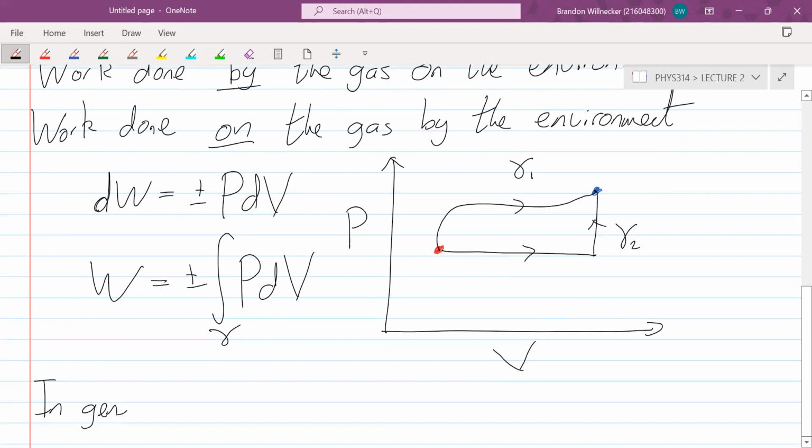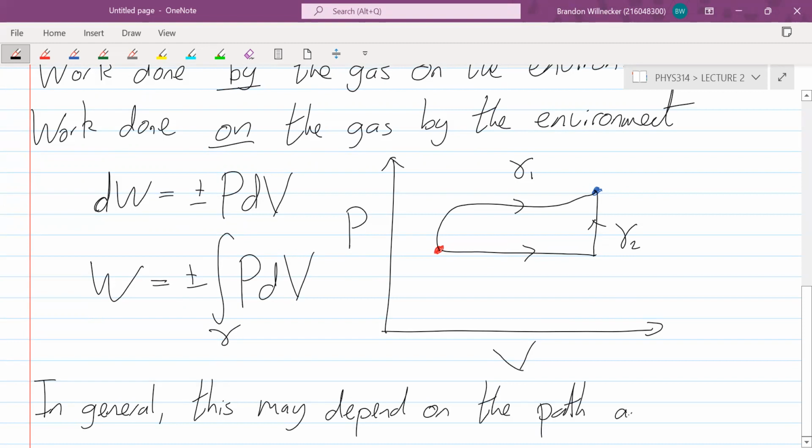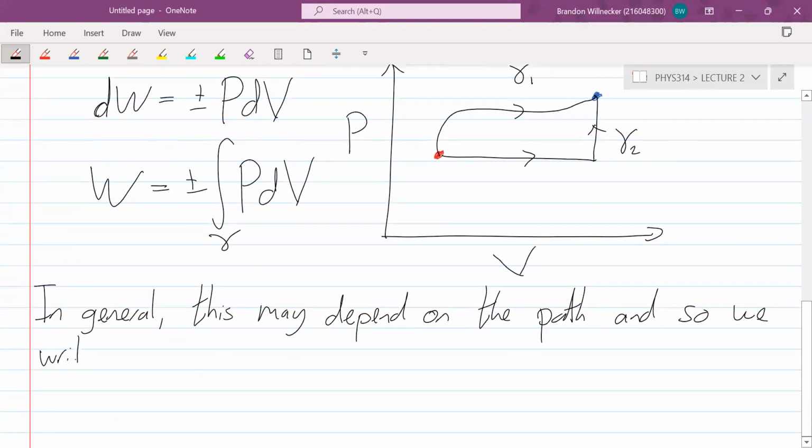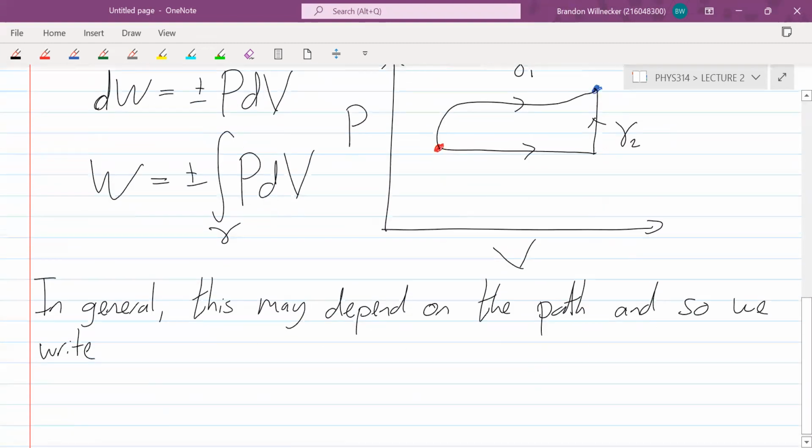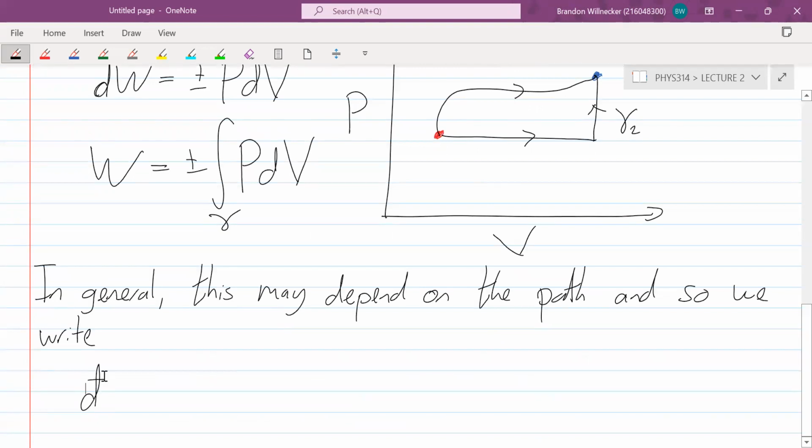So in general, given a certain situation, you can check if it's path dependent or not. But in general, this may depend on the path. And so we don't write dW because that would mean it's an exact differential. Instead, we write it with the line going through. So dW like that.